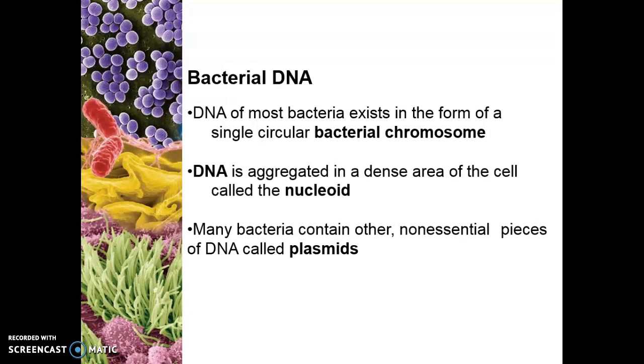With bacteria, the DNA is going to be circular. The DNA is aggregated, basically condensed into one area of the cell, and that region is called the nucleoid.